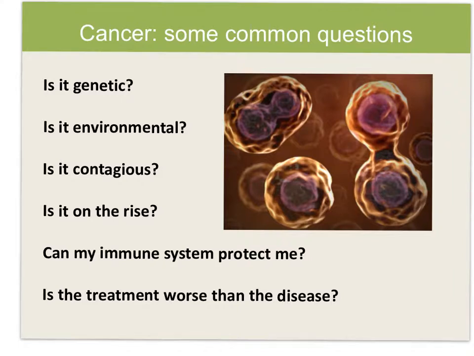So, in a sense, cancer is always genetic. Because remember, during mitosis, cells are dividing, all their genes are copied, so you have two complements of the full genome, and then they divide into two daughter cells. But in terms of genetics being passed on from parents to offspring, that only happens in what are called germline cells.